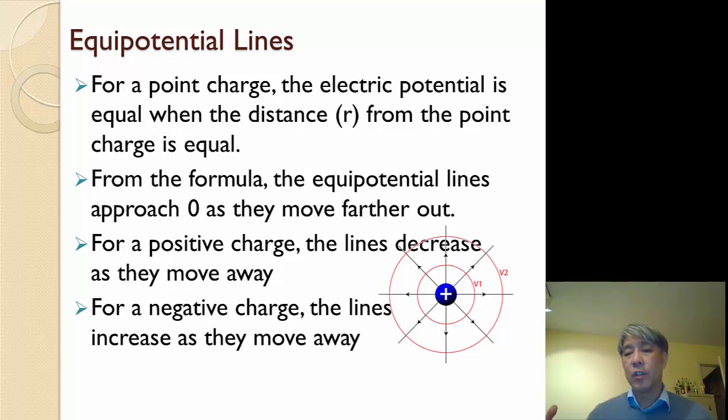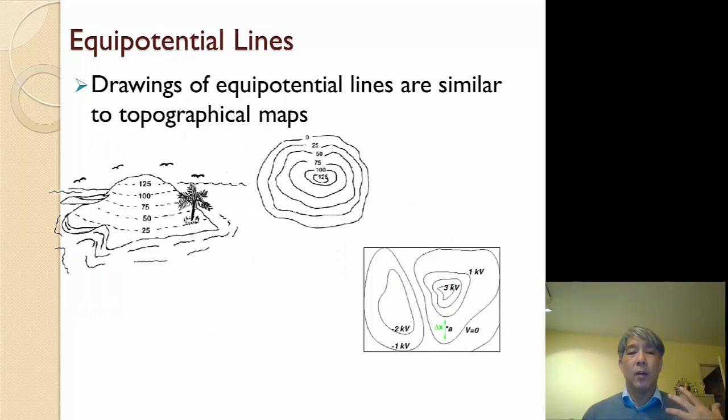For a positive charge, they're large numbers close to the charge, like 500 volts, and then they approach 0 as I go farther away. For a negative charge, it would be like minus 500 close to the charge and approaches 0 as I go farther away. For those of you who are hikers, equipotential lines are similar to topographical maps.